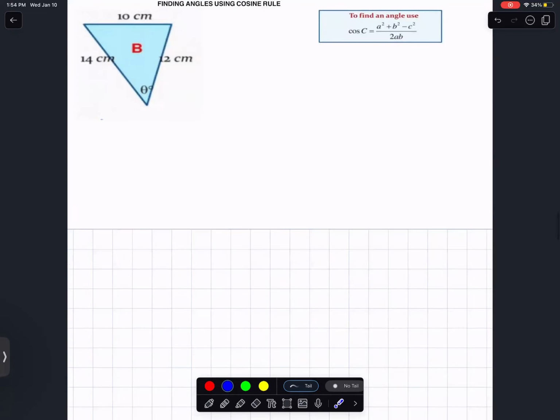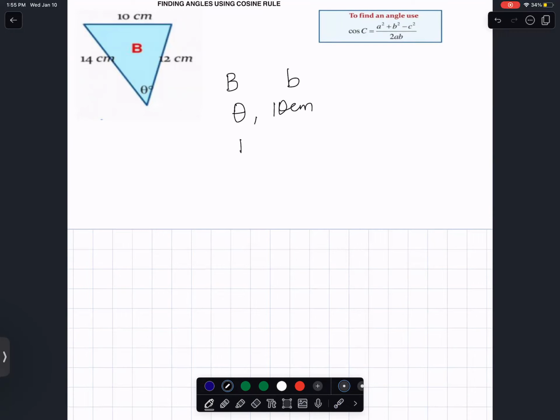So it is easier for you to apply your cosine rule in finding this. So our angle is theta, which we don't know, we are looking for that, which is opposite to 10 cm. So I can say this is our B, theta, and our side of B is 10 cm.